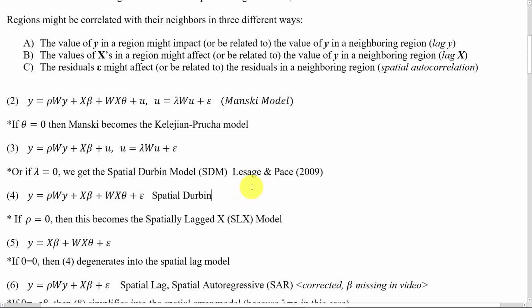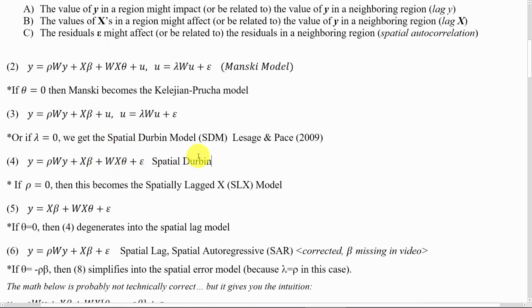And what's ingenious about the Spatial Durbin model is that if you start with the Spatial Durbin model, it actually encompasses several different ways that you can reduce it down to other common models. First way, that's obvious. What if this rho here equals 0?